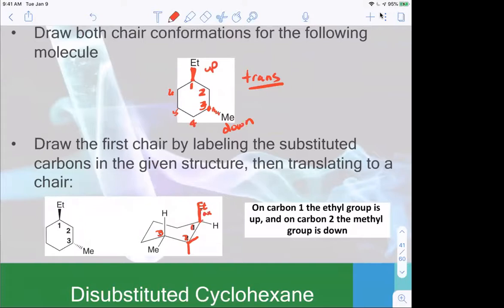So my axial goes up, down, up. My equatorial goes down, up, down. This would just be hydrogens here. So what I have is my ethyl is axial and my methyl is equatorial, right? And this is one of the chair flips.